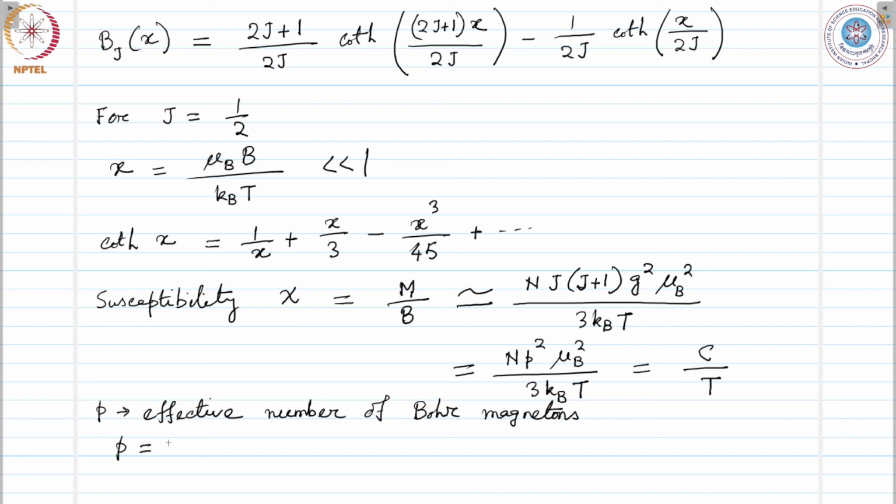P is given as g times [J(J plus 1)] to the power half, and C is known as the Curie constant. So, this is how we describe the quantum theory of paramagnetism.